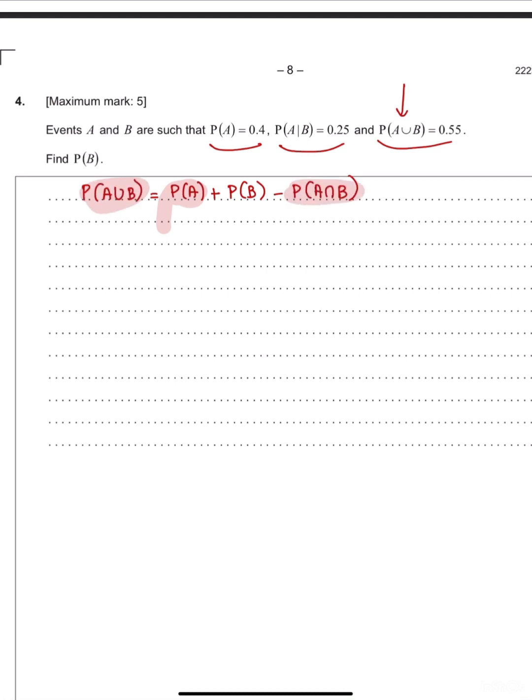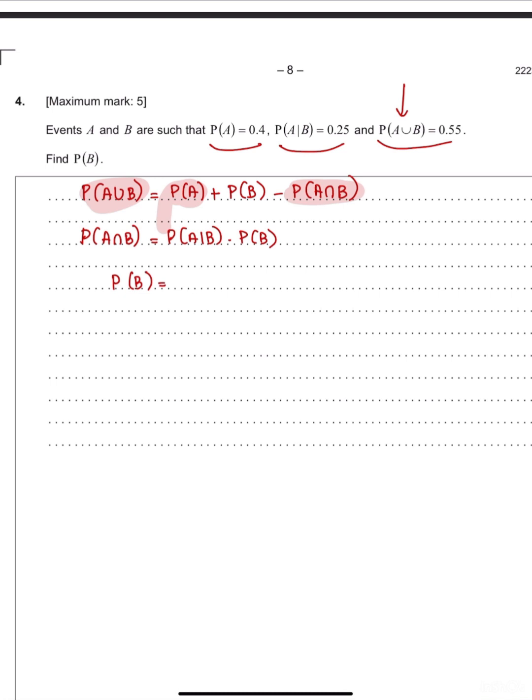So we have to find A intersect B, which will be P of A given B times P of B. So we can just find P of B.